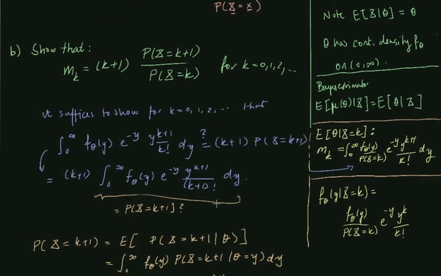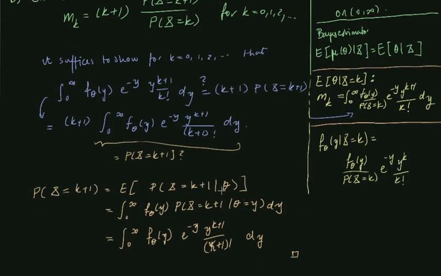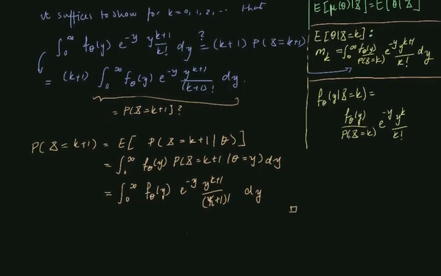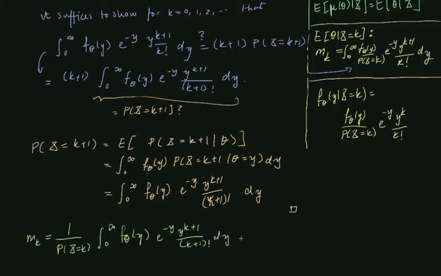Because now we have shown that, maybe I should write this up nicely for once. So I have shown that mk was equal to 1 over the probability that x is equal to k multiplied by the integral of f theta y e to the minus y y to the k plus 1 divided by k plus 1 factorial dy, and then multiplied by k plus 1 out here.